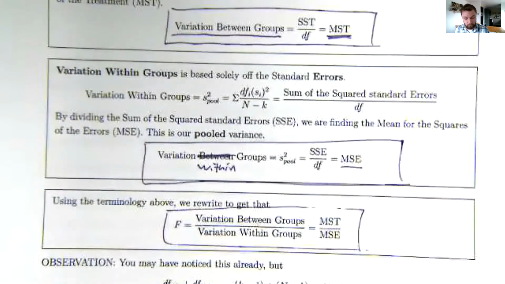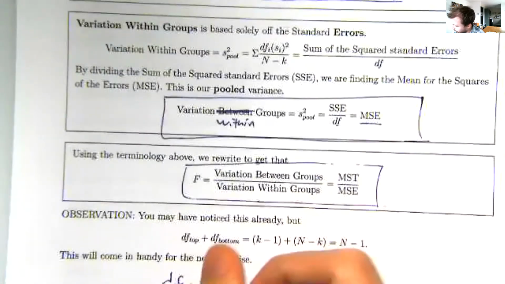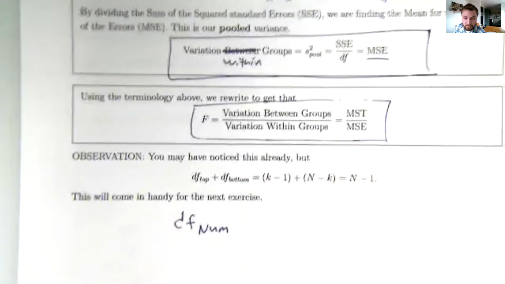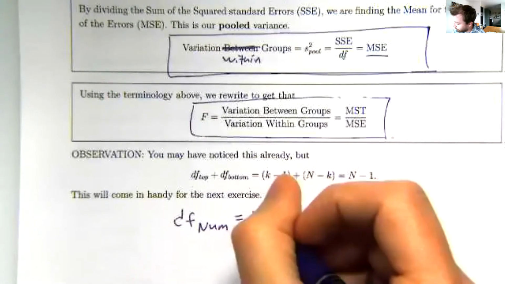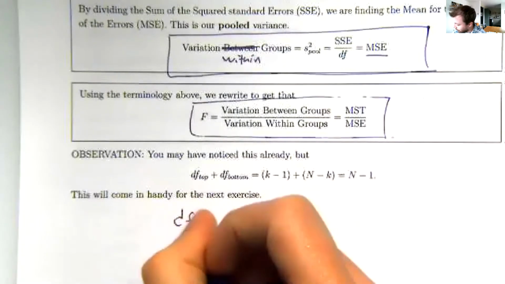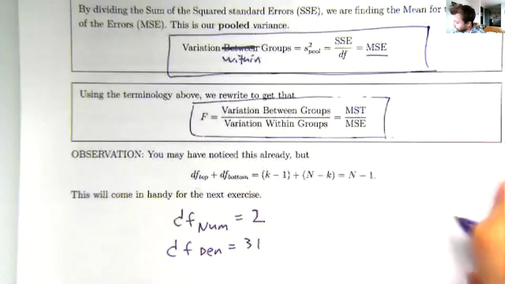Something you may have noticed in the previous problem, and if you didn't, I'm going to give it to you here as well. The degree of freedom for the numerator, or for the top of that fraction, on the last problem, my between groups, was 2. And my degree of freedom for the denominator was 31.